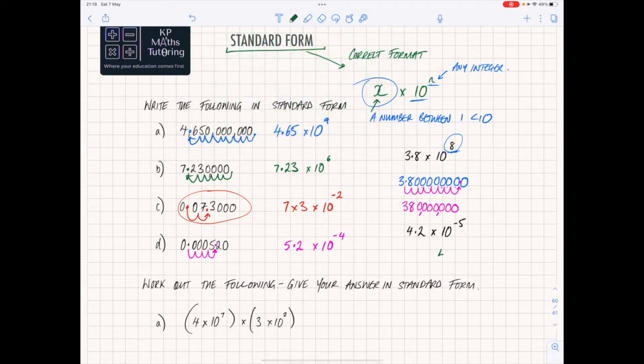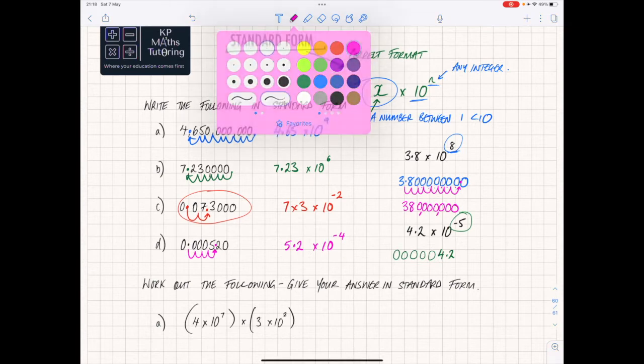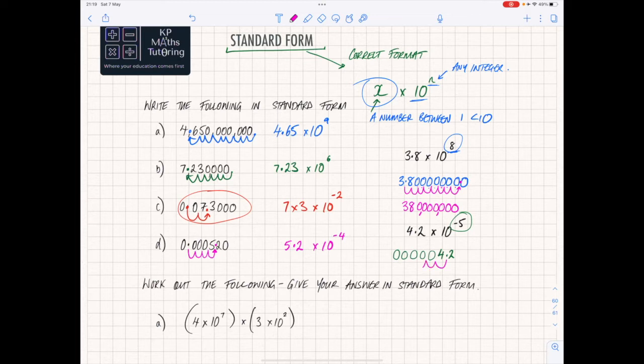So I'd write my 4.2, but because now this is a negative indice, I know that my decimal is going to be moving the other way, so I put my zeros, so I'm putting 5 zeros there before the 4, and then again move my decimal 1, 2, 3, 4, 5, put my decimal in there, and then rewrite it 0.0000042. Okay, so they're your two ways that you can go from standard form into a proper number like I've just done, or from a proper number into standard form.